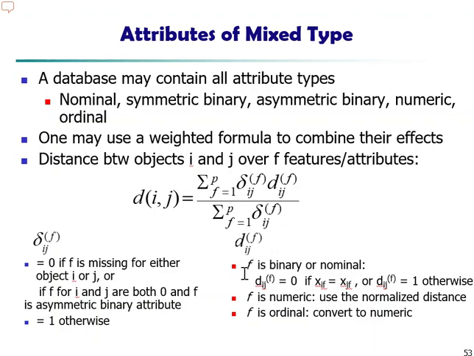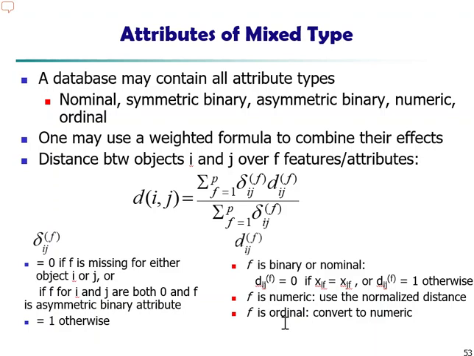If this attribute or feature is binary or nominal, if the values are the same, the distance is going to be 0 because they're the same. There's no distance between them. If the values are not the same, then the distance is 1. If f is numerical, then we will normalize this attribute using z-score normalization, and then just compute the distance between the two, simple arithmetic distance.